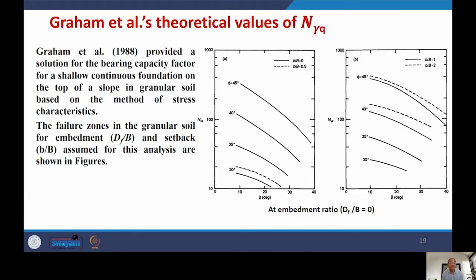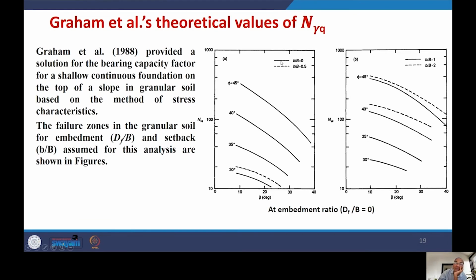So what you have here, first of all, are the failure zones for embedment Df/B and setback distance b/B, which have been assumed for this analysis. In both figures you have Nγq, and both figures are for Df/B equal to 0.